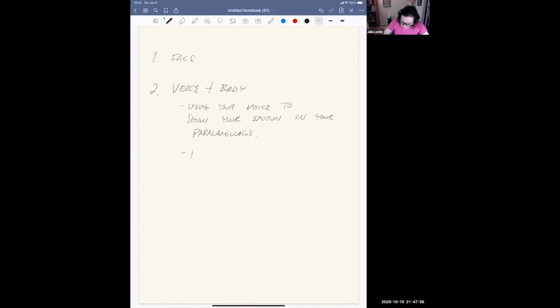So gestures are metaphorical. Looking at the way that you're using your hands and what you're actually doing with your hands and your arms can reveal a whole lot about what kind of relationship you have with the ideas that you're discussing.